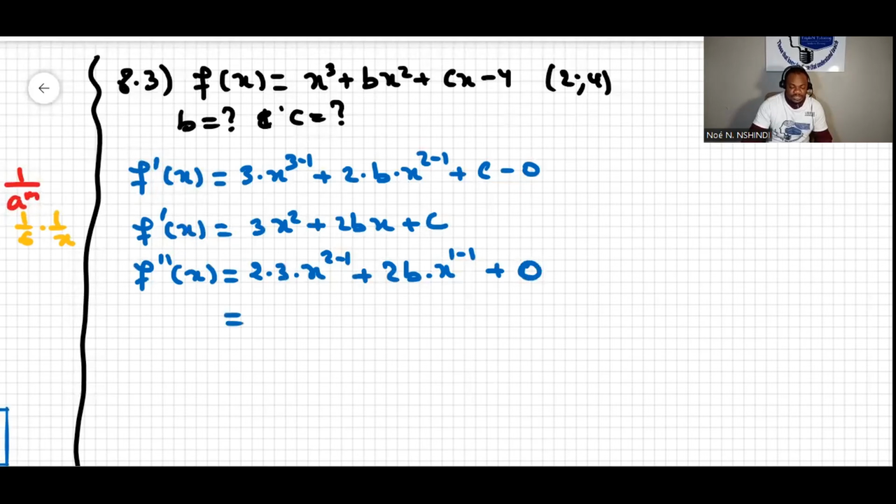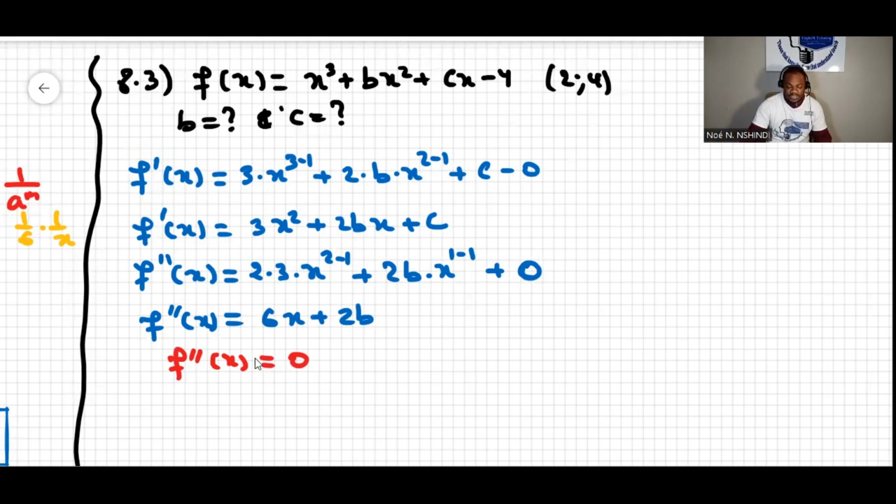So this makes 6x plus 2b, that's the second derivative, f prime prime of x. Now it is important to note that the point of inflection means the second derivative is equal to 0. That's where we have the point of inflection.